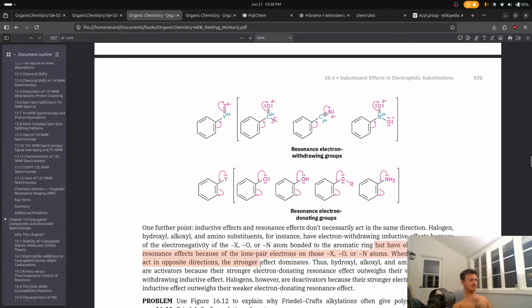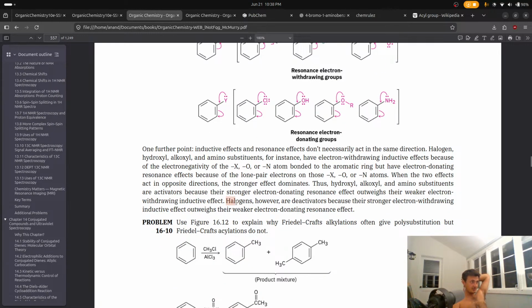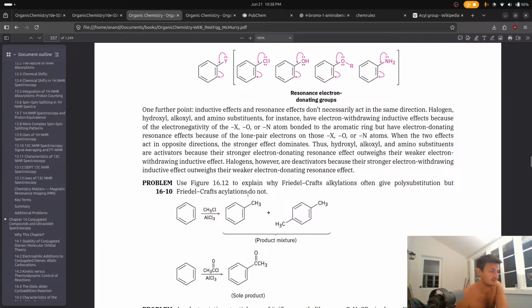When the two effects act in opposite direction, the stronger effect dominates. Thus, hydroxyl, alkoxyl, and amino substituents are activators because their stronger electron donating resonance effect outweighs their weaker withdrawing effect. And you kind of just have to take that as fact. Halogens, however, are deactivated because their stronger electron withdrawing inductive effect outweighs their weaker electron donating resonance effect.